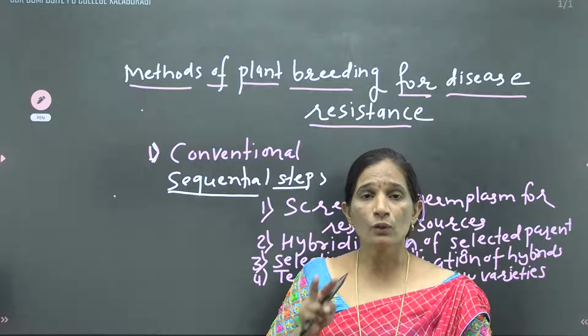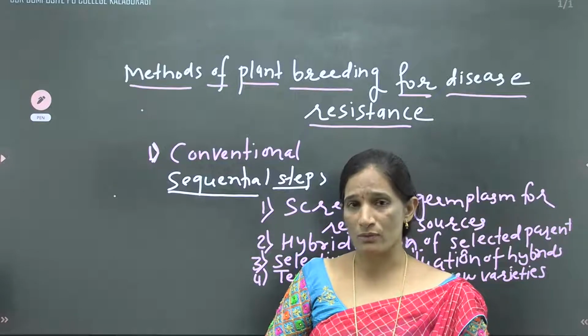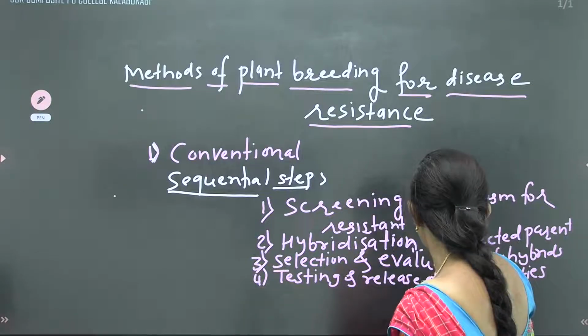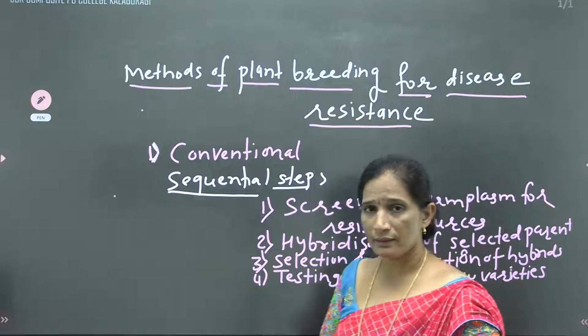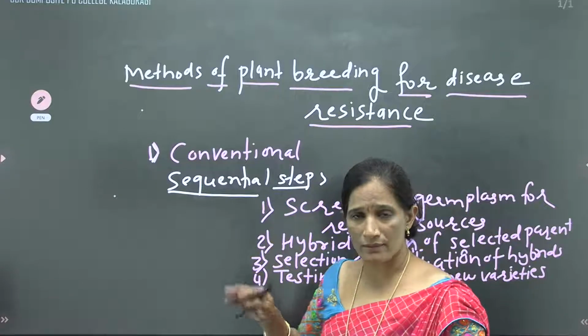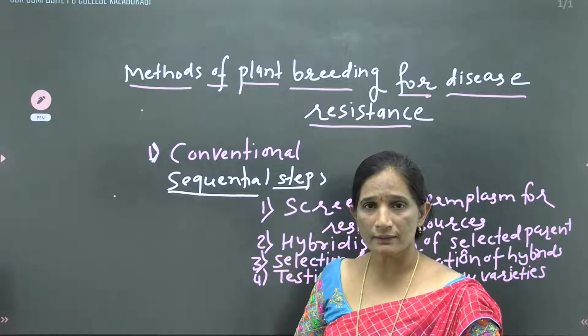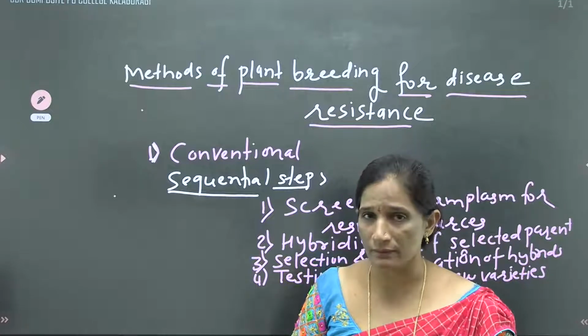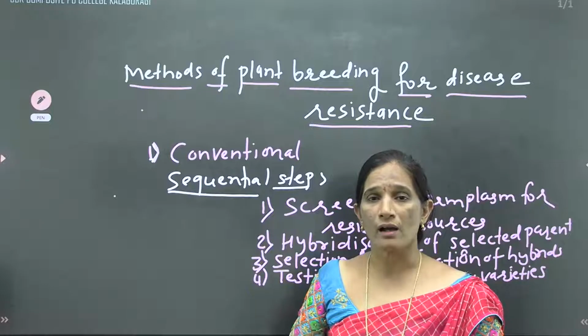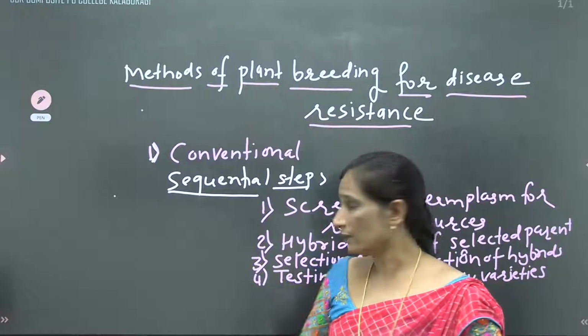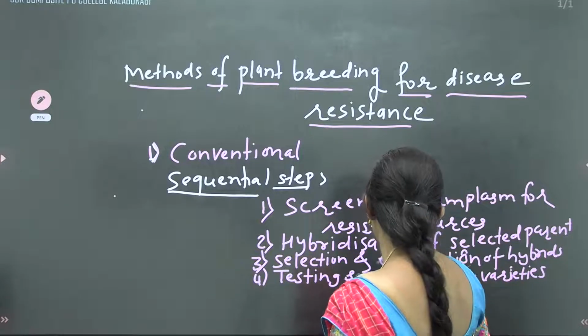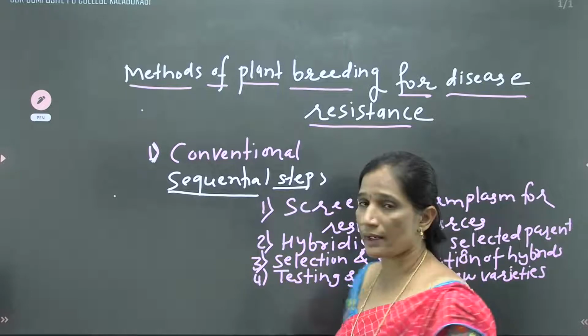Those plants we have to cross. Hybridization of selected parent. In the first step we select the plants which have a desirable character, and those plants we cross. So it is called hybridization of selected parents.